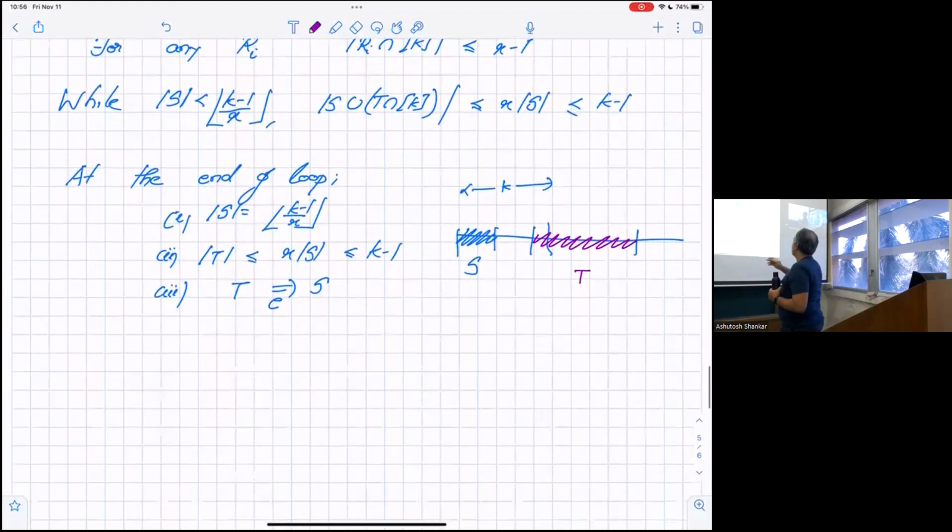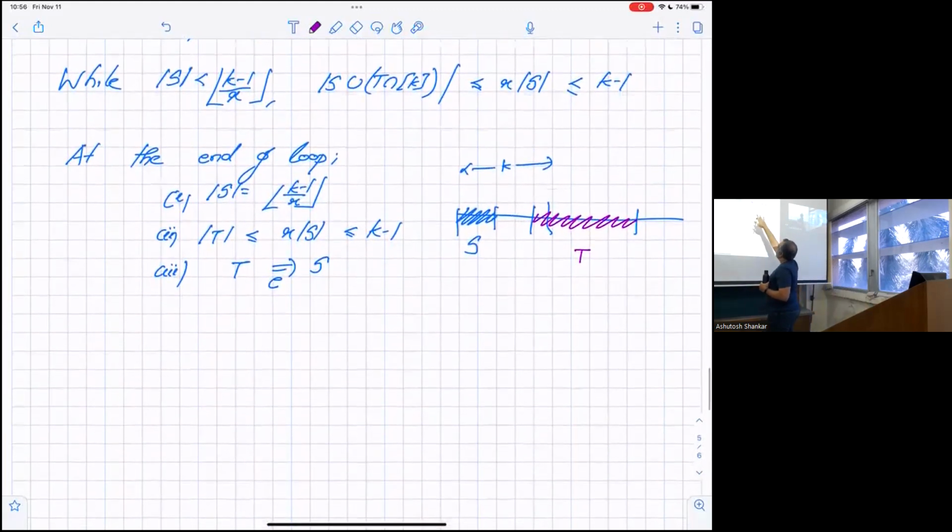Are there more elements? Have S and T together exhausted the whole space? Notice that whatever is written in T already implies yes.